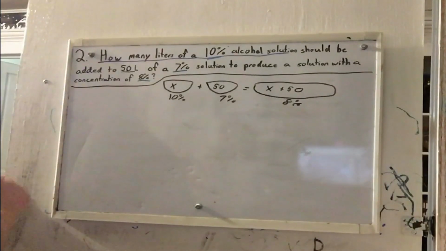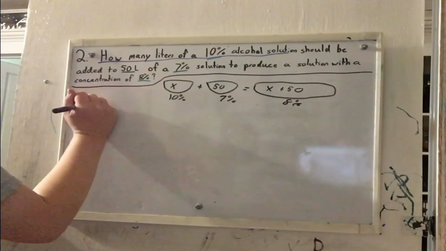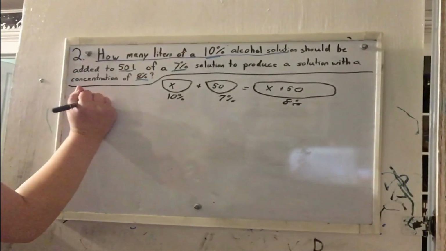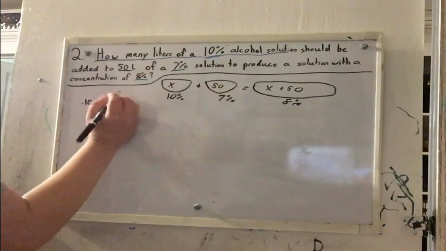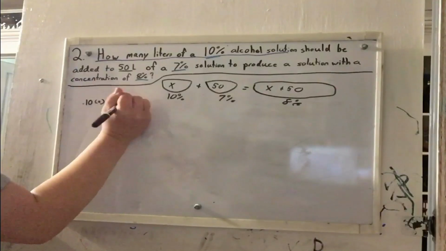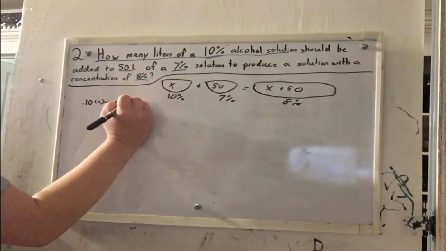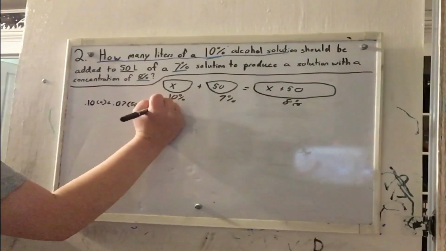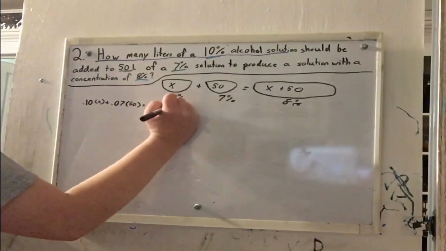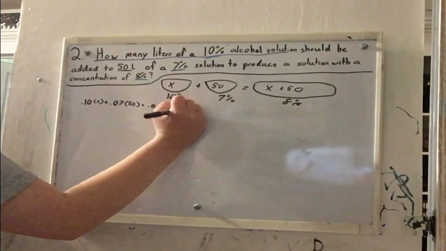We're going to set it up, and it's going to be 0.10 times x plus 0.07 times 50 equals 0.08 times x plus 50.